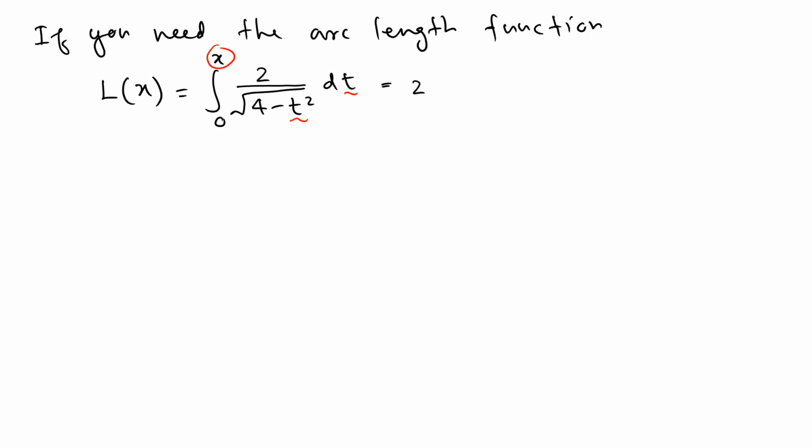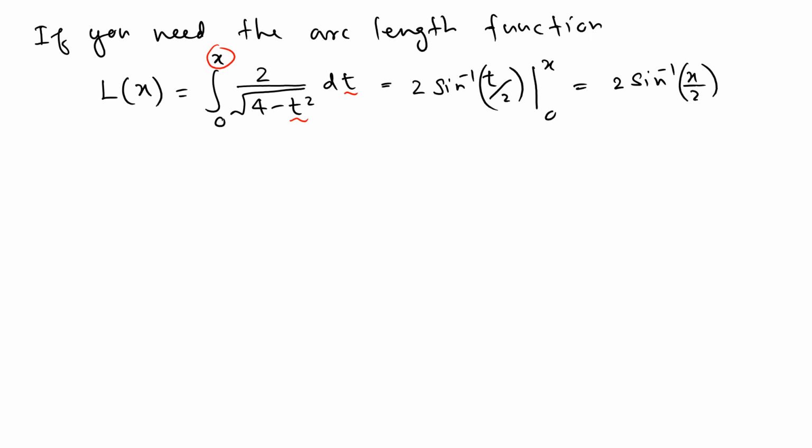Now this is the same calculation. So this is going to be 2 times sine inverse of t over 2 according to the formula, evaluated from 0 to x. If you plug in 0 you get 0, so you get 2 sine inverse of x over 2.